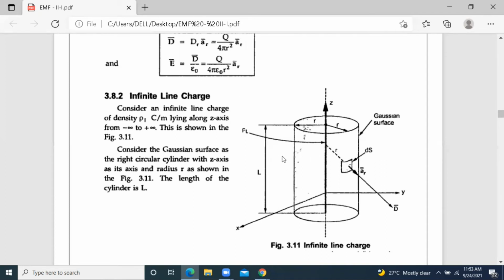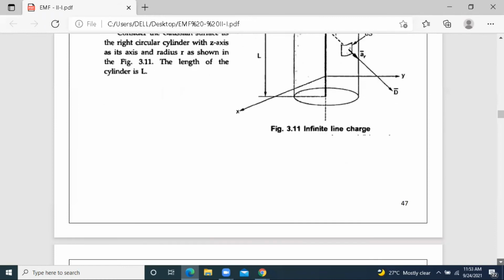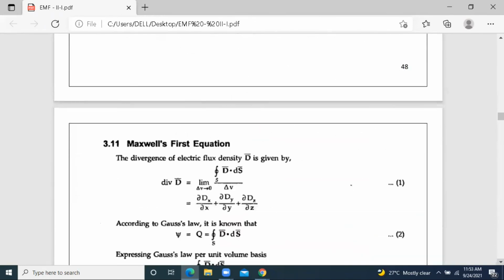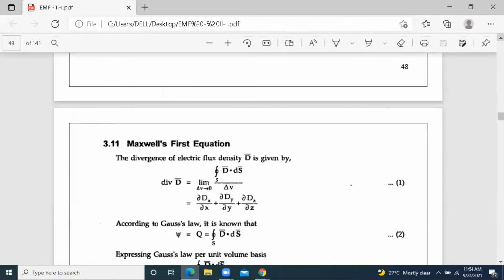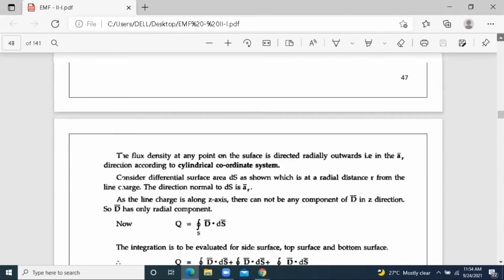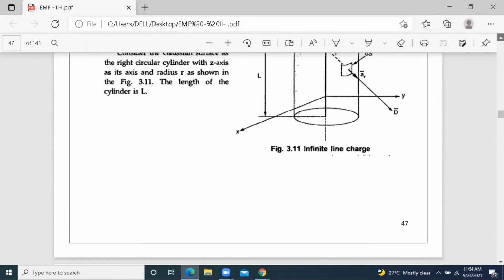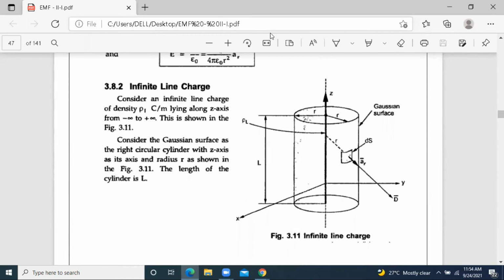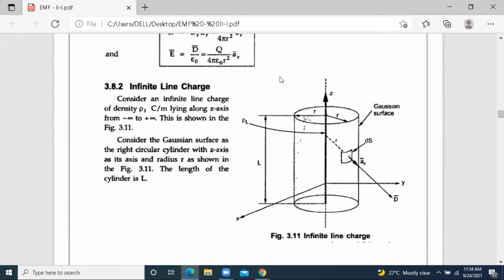All right, so when we return at 2, the only thing we're going to lecture on is the infinite line charge, and then we are going to take up some examples.